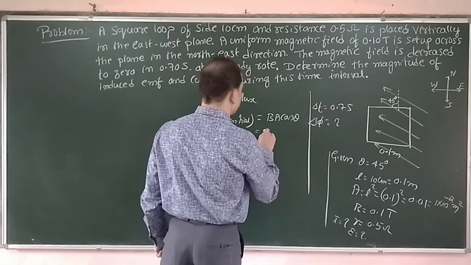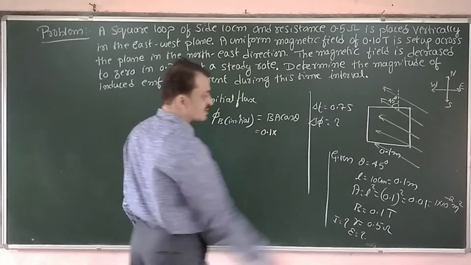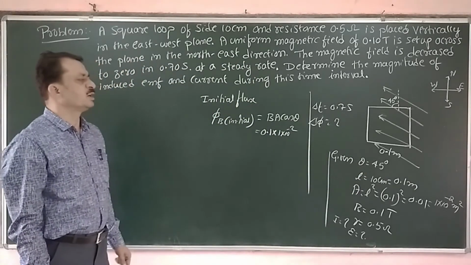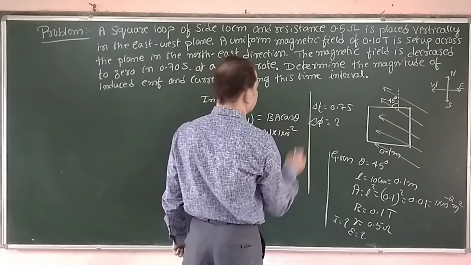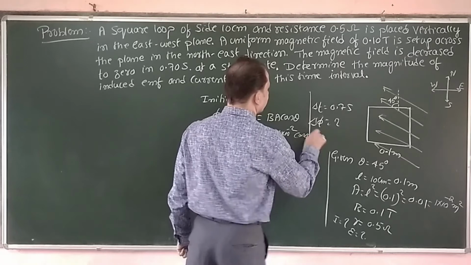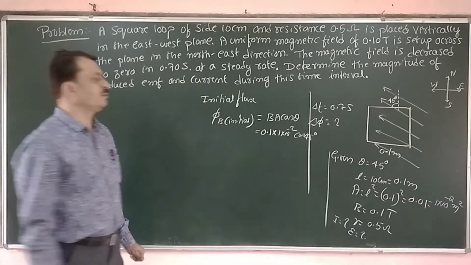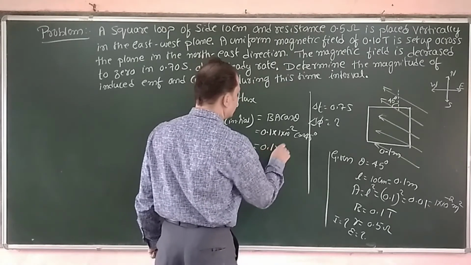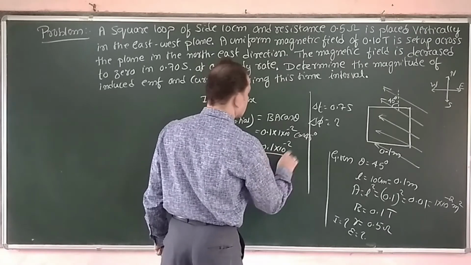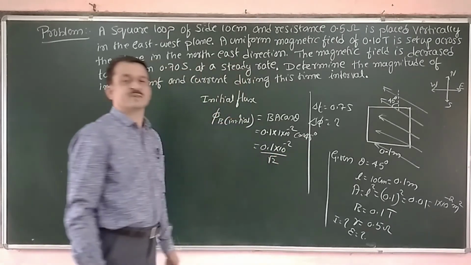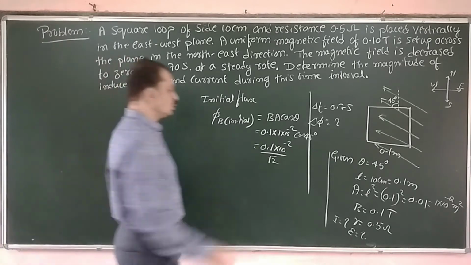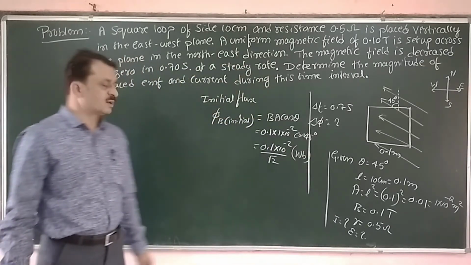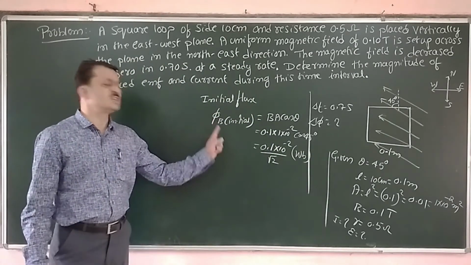B is 0.1 and the area of cross section is 1 into 10 raised to minus 2, and cos theta. Now cos 45 degree, what is cos 45 degree? So that is 0.1 into 10 raised to minus 2, and cos 45 is 1 by root 2. Need not simplify, keep it as it is, and its unit is Weber or Tesla meter square. This is the initial flux.